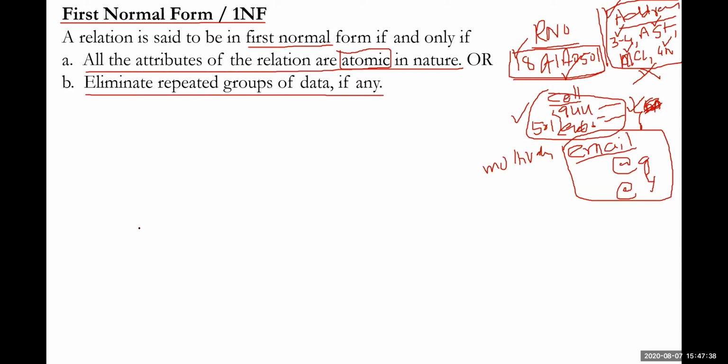You are not supposed to have such groups, or complex, composite, or multi-valued attributes in our relation. Then such a relation will be called first normal form. If any multi-valued attribute, composite attribute, or group is there, then it is not in first normal form.